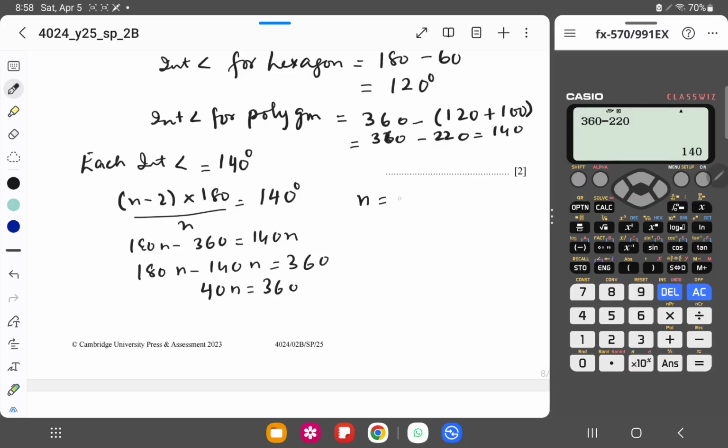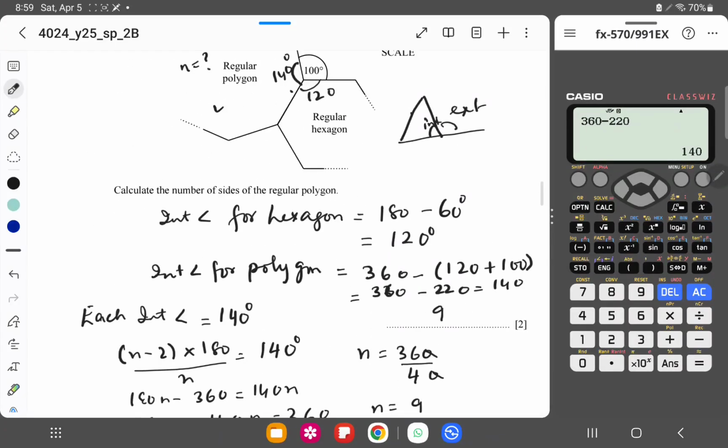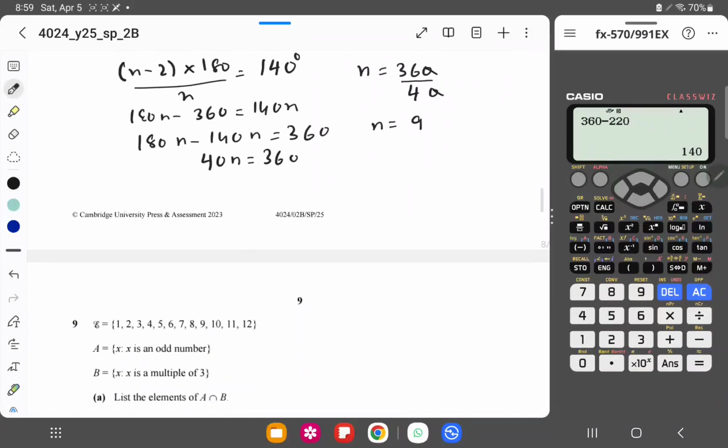Then n is equal to 360 over 40, which is 9. So it's a 9-sided regular polygon.